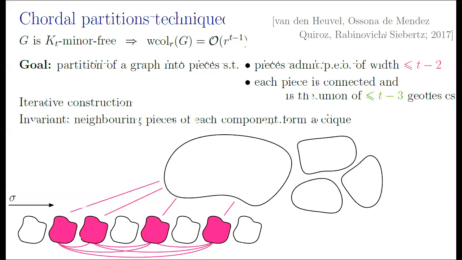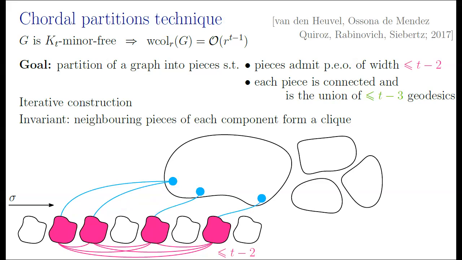I chose some arbitrary component of the remaining stuff. I know that what it neighbors is a clique, and we also know that it's at most t-2, which is not that important. Now, for every component that we're neighboring, we're choosing some vertex with a path, with an edge actually, to this component.